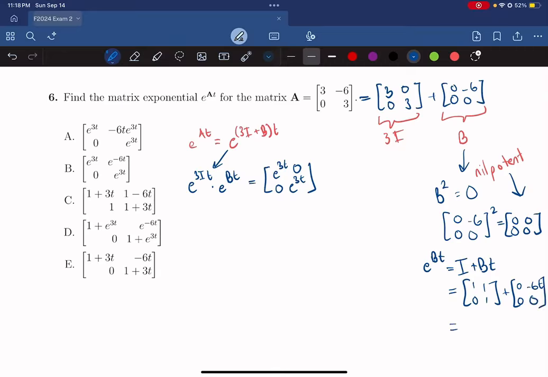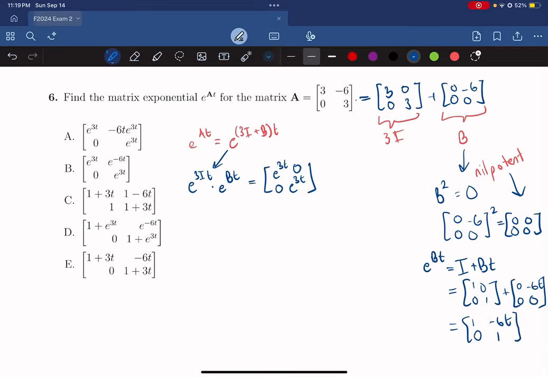And then you're just going to add those together. So you have 1 minus 6t. Actually, no, you're multiplying it, so. Oh, this is not an identity matrix. That's my bad. You're not multiplying it, ignore me. 0 minus negative 6t is negative 6t. And now you have your e to the bt.